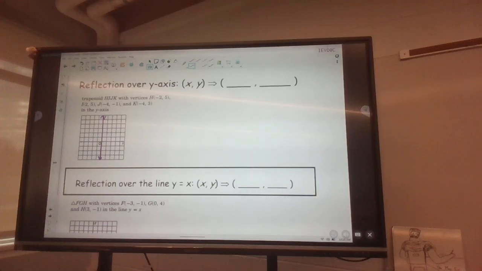So I'm going to reflect this shape over that axis. So again, I'll draw it first. It's kind of this little trapezoid type shape here.